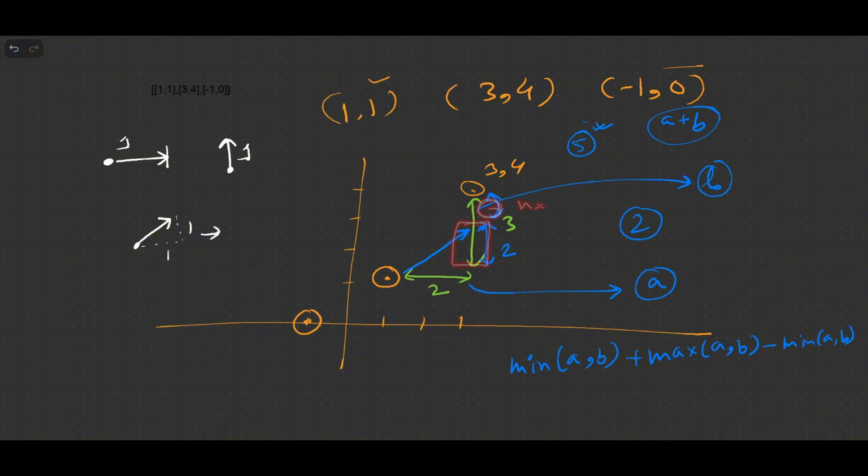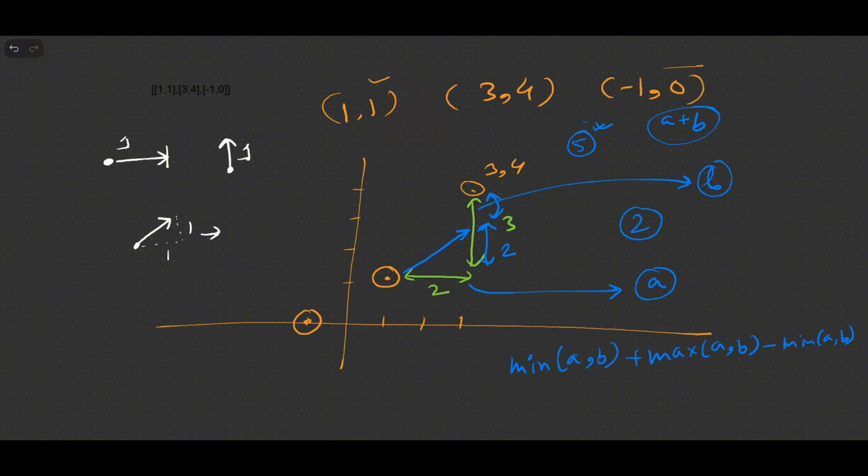If you simplify, it is A plus B minus A, because A is the minimum. We can eliminate both and take B, right? So the distance between 2 points is simply the maximum of the x distance and y distance. What's the maximum here? 3. So I can say 3 is the distance from this point to this.